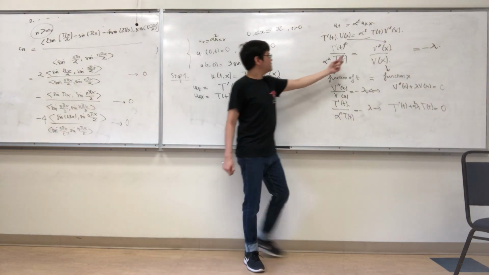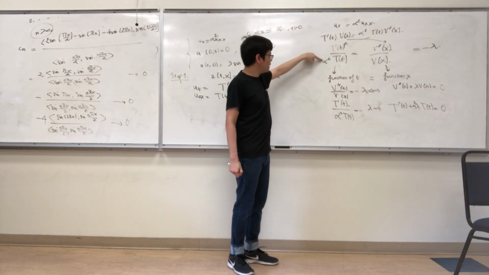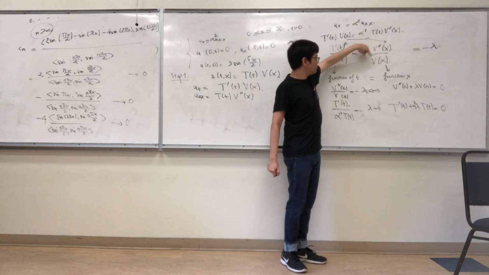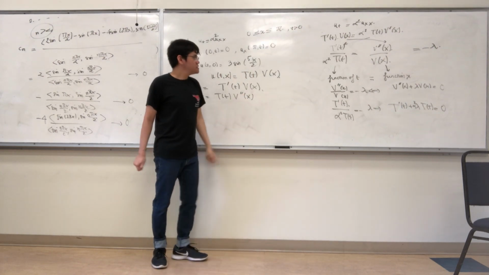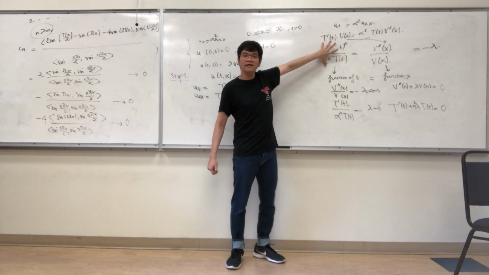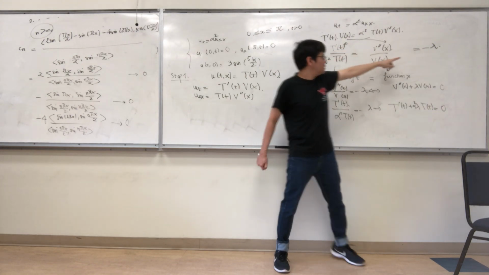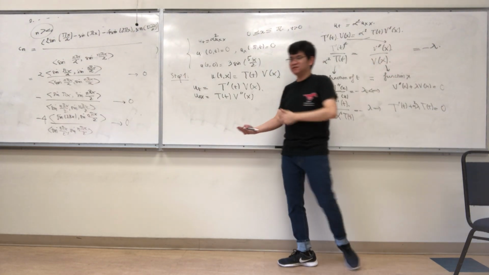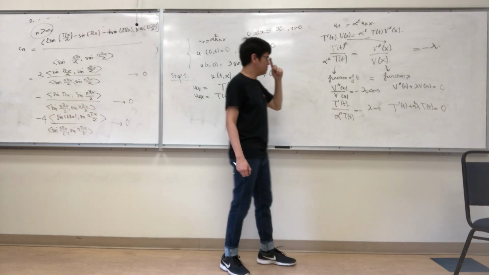Now I'm gonna divide T to the left hand side and V to the right hand side. I'm gonna get T' over alpha squared T = V'' over V, and this is minus lambda. The left hand side is a function of t, and the right hand side is a function of x, so they have to be a constant, because a function of t is equal to a function of x. That means that they both have to be a constant.